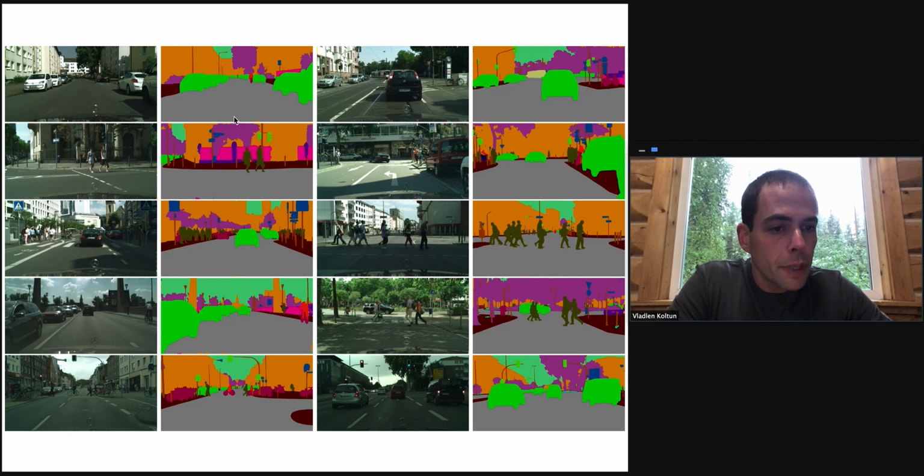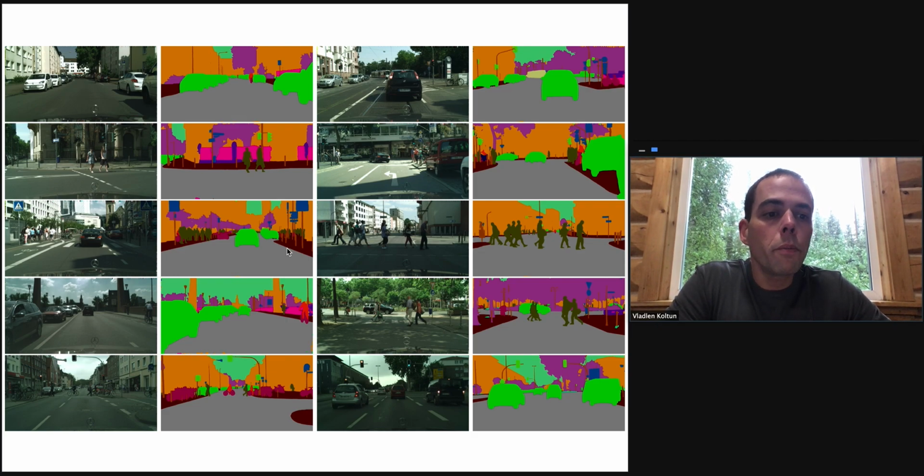Here are some segmentation results to give you a sense of what the Mdeck produces on the Cityscapes dataset. And I can tell you that these are excellent. I've been working on semantic segmentation for about a decade now, and these are just excellent semantic segmentation results. You see clearly delineated objects with sharp boundaries that closely adhere to object boundaries.